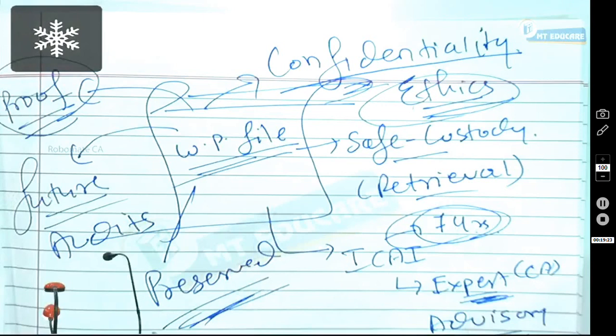An auditor can be called the owner of working papers, but he should not misuse the confidential information which is contained in the working papers.